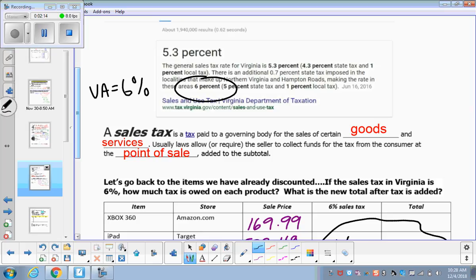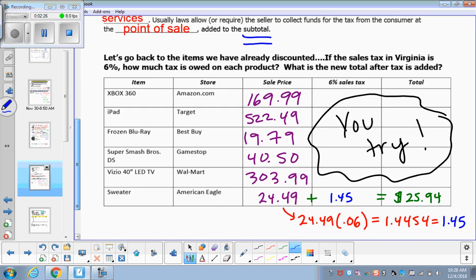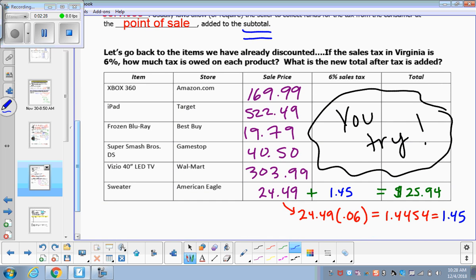Now, before the taxes are added, you have something called the subtotal. Just wanted to point out that we call it a subtotal before we add tax. Down here, we've got the purple numbers filled in from class the other day. Just because of space, I'm going to use the bottom example with the sweater.